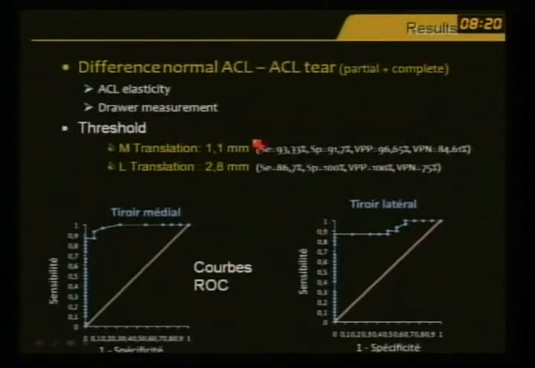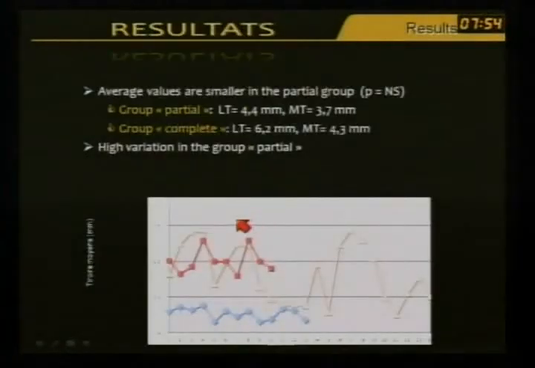We had a quite good correlation between those three things, and we could determine some thresholds for the medial translation and the lateral translation, 1.1 millimeter and 2.8 millimeter. So you see that we always have more translation on the lateral compartment than on the medial compartment.